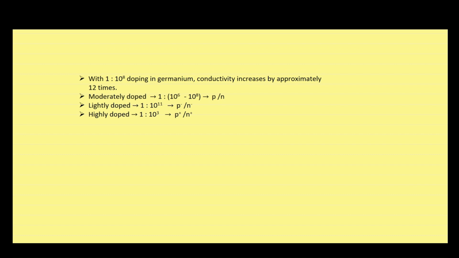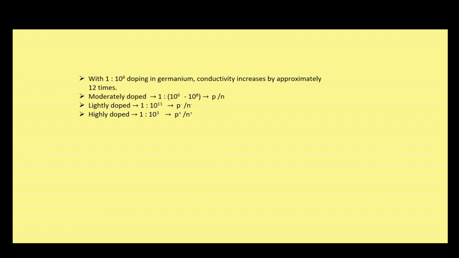It is quite interesting to note that the amount of impurity which must be added to have an appreciable effect on the conductivity of the parent semiconductor is quite small. For example, if a donor type impurity is added to the extent of 1 part in 10 raised to the power 8 of parent atoms, then the conductivity of germanium at room temperature is multiplied by a factor of 12.